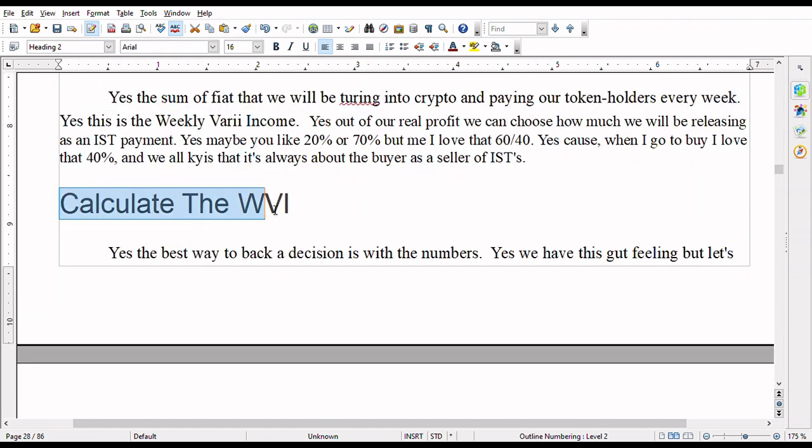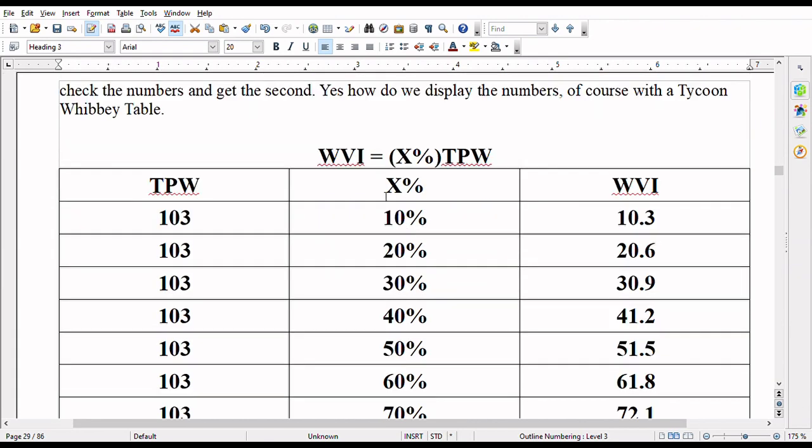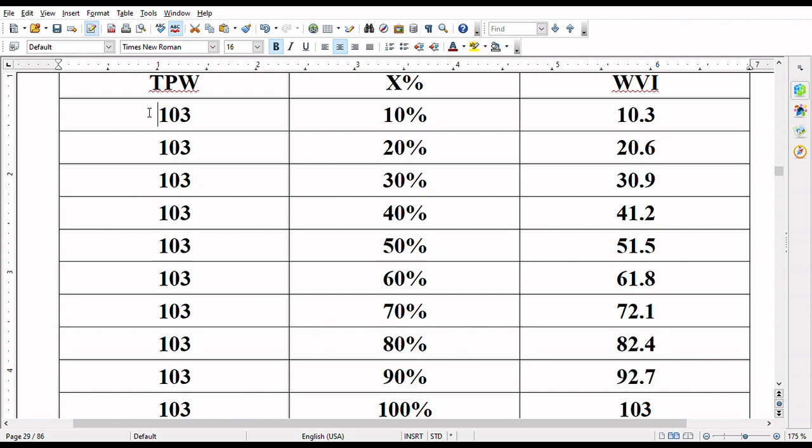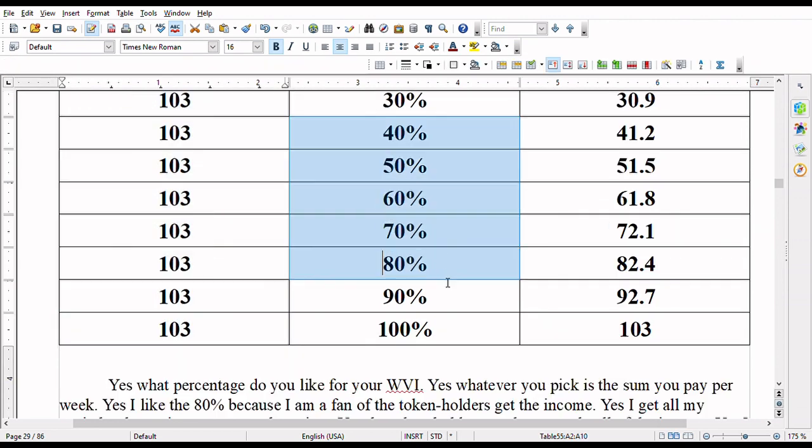Calculating the WVI, we say that the WVI is equal to X% of the TPW. We can see the TPW is static here, and we have our particular percentages over here. And we always push the 80% to the network. We like to make sure we build up a comfortable margin and that we are giving good play for the investors who would like to get in on the deal.